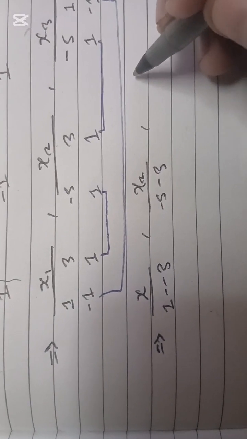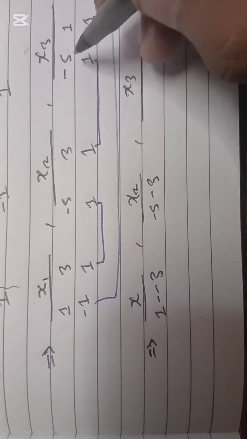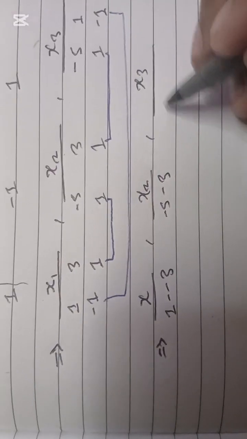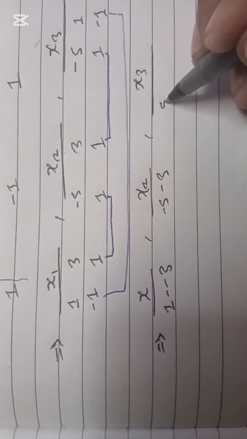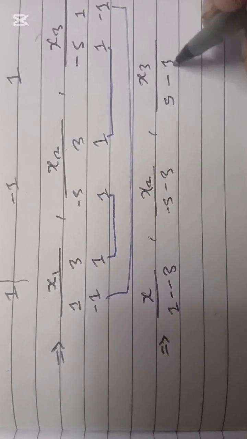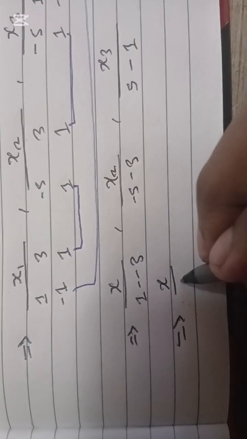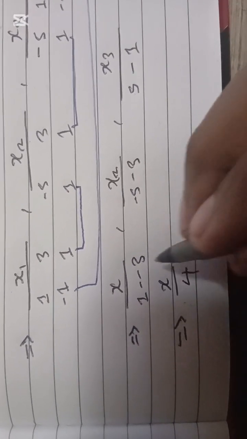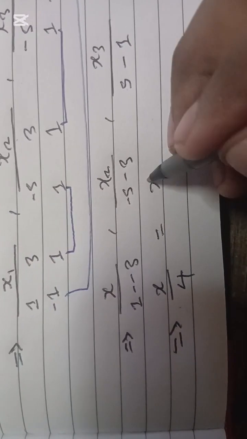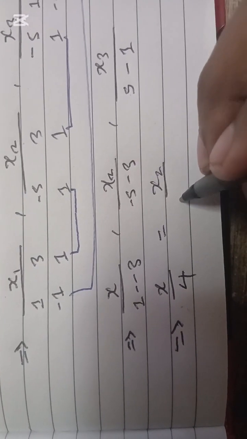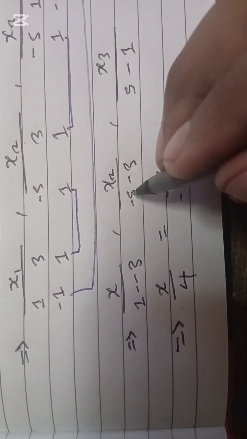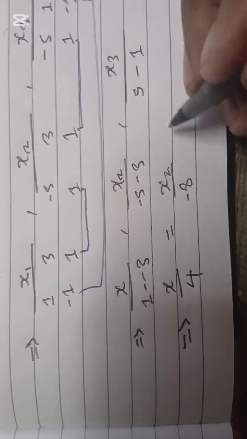For x3, 5 times 1 minus 5 times minus 1 is 5, 1 times 1 is 1. Finally it's 4, 1 minus minus is 4. For x2, 5, 8 minus 8, and x3 is 4.